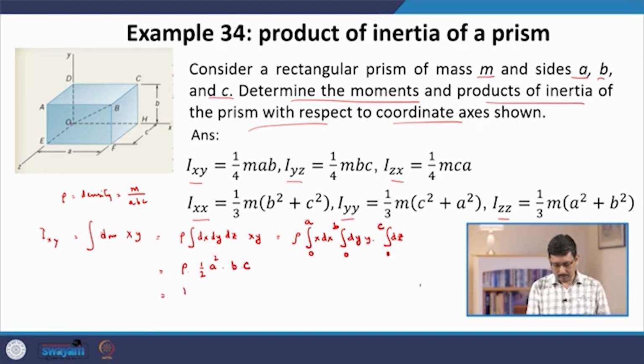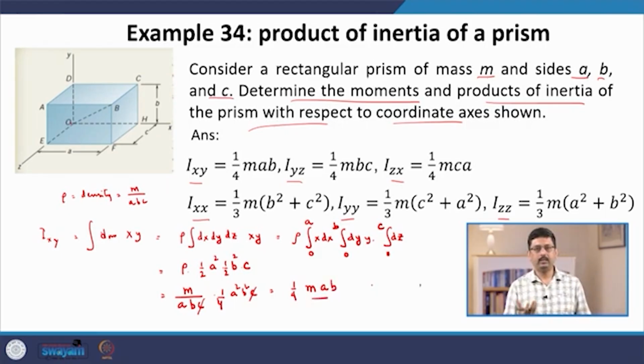Now I replace density by the total mass, rho equals m over abc. This gives us half a square times half b square times c, which is 1/4 a square b square c. Upon simplification it becomes 1/4 m a b.